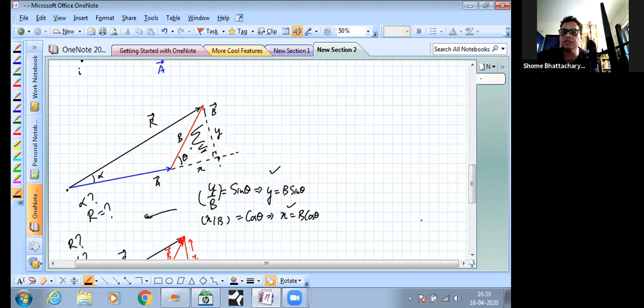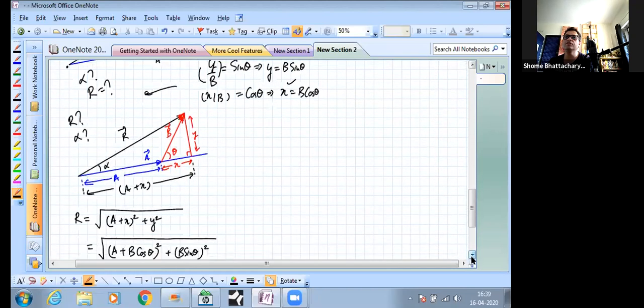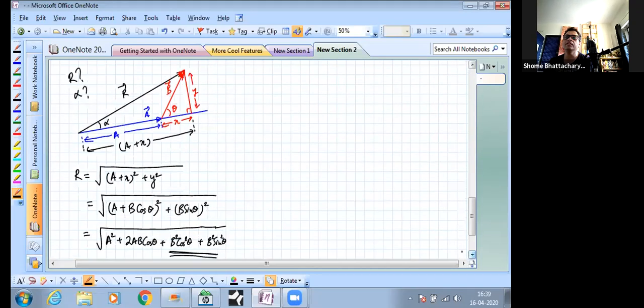Okay, people, so hope this is clear to you so far. Right, so this was the step where we are adding the vectors A and B, and in that triangle we are finding x, y. Now the next stage is using the values of x and y. Now we solve the larger triangle where we are finding the magnitude of this hypotenuse, which is r.